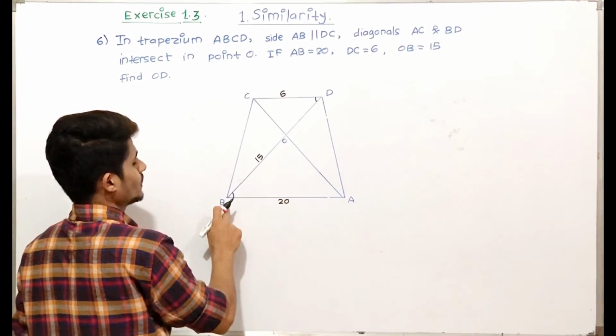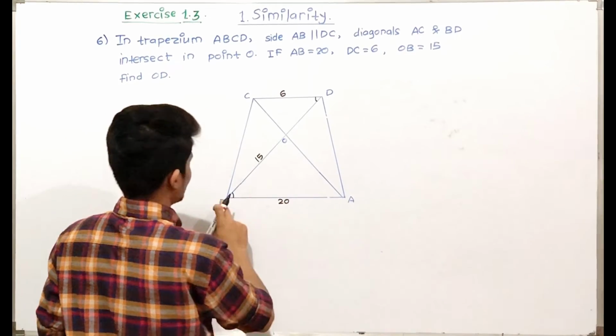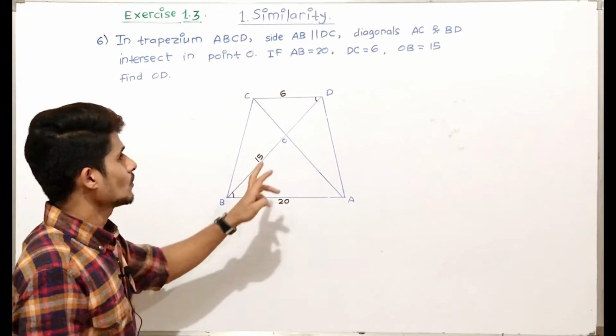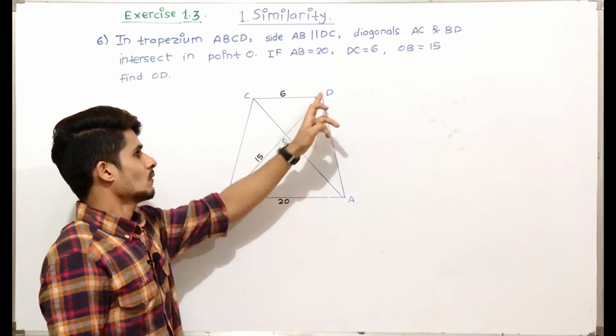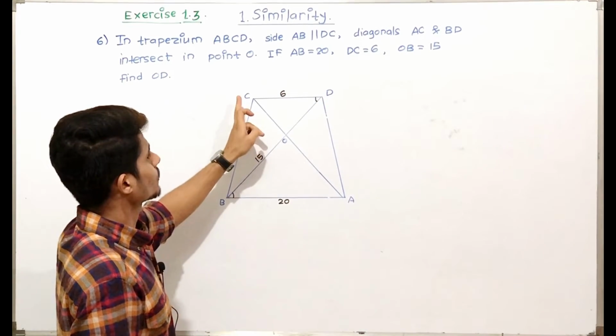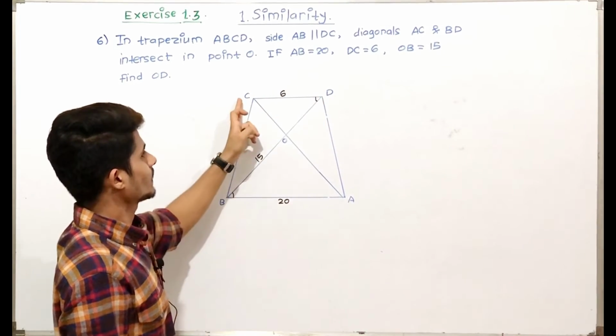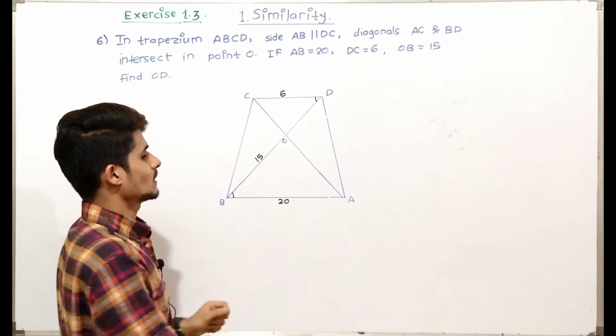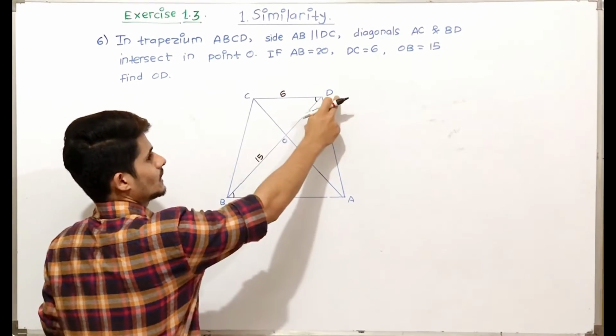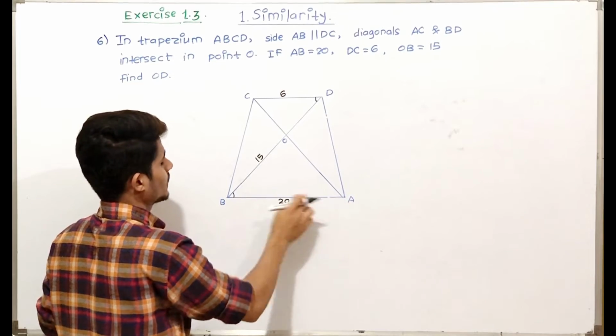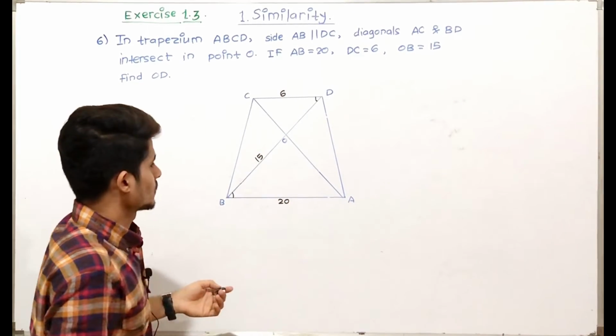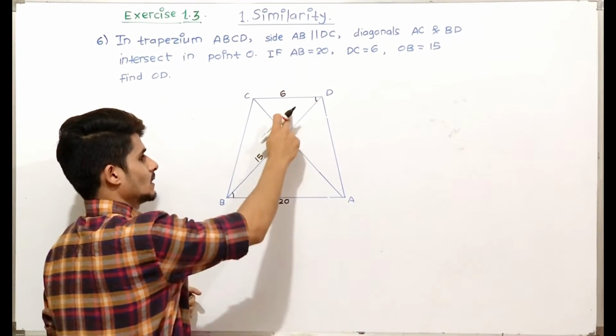Now O is in the middle of DB, so instead of writing CDB, we will write CDO, and similarly instead of ABD we will write ABO. So alternate angles will be equal.